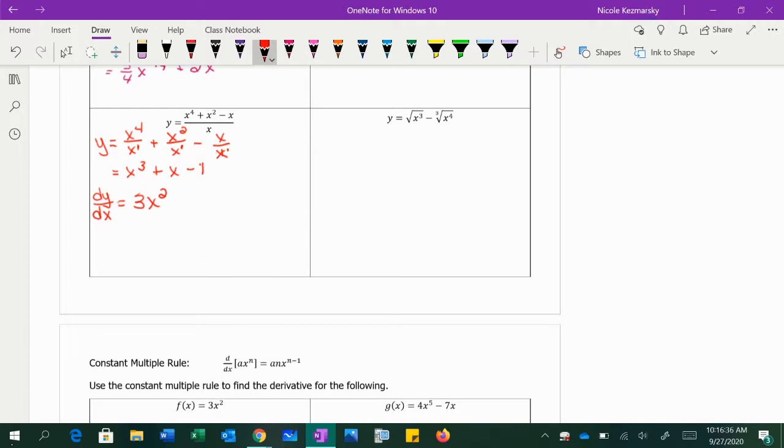Derivative of x, this is x to the first. So the 1 gets brought down, so that's 1 x to the 0. And then derivative of a constant is 0. So that's going to give us 3x squared. X to the 0 is 1, so it's just going to be plus 1, and the 0 doesn't need to get written.